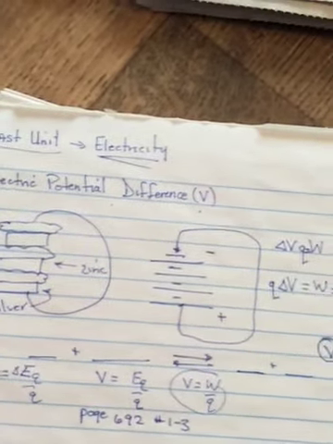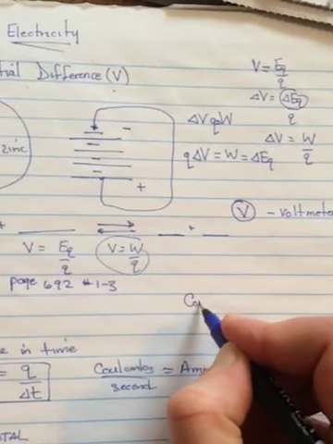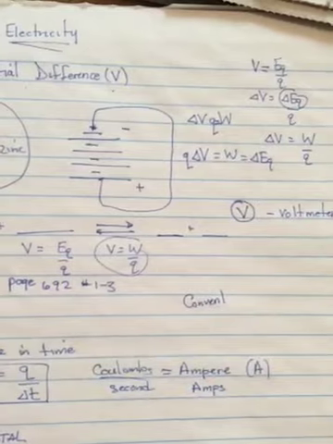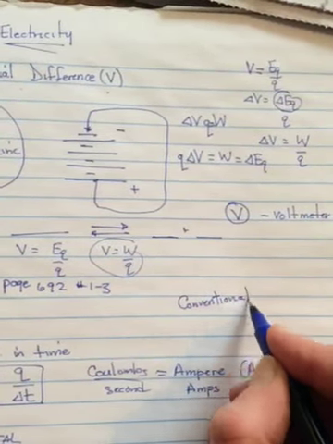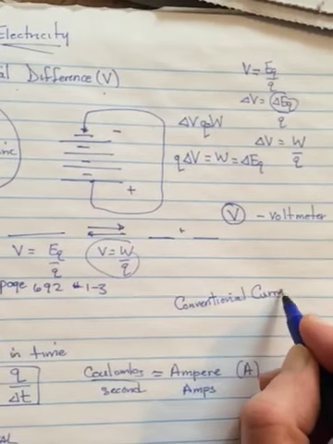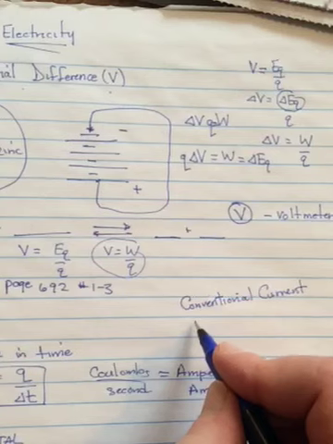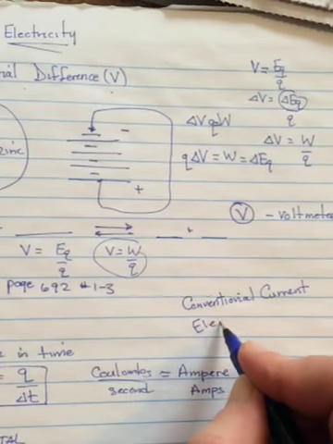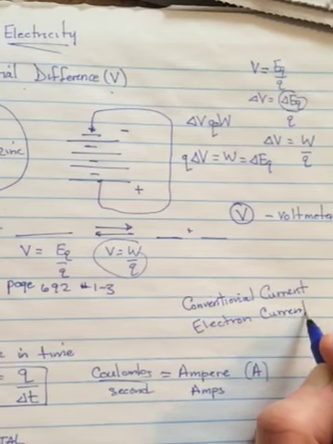And so you will hear even today people talk about conventional current, and electricians tend to use conventional current, meaning they tend to think of charge as being positive, charge flowing. But physicists and lots of engineers use electron current because that's really what it is. It's really negative charge flowing.